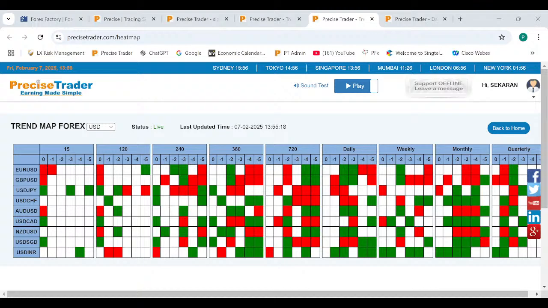So when you see the price going up, when you see all the zeros highlighted, that means your 360 zero green, 240 green, 120 green, 15 green, all that means the market has got a strong momentum, which is not visible to your naked eyes. When you look into the chart, you don't get to see all this information.